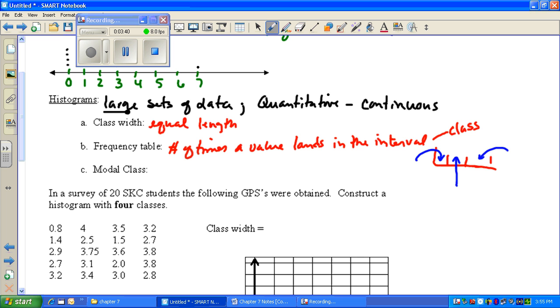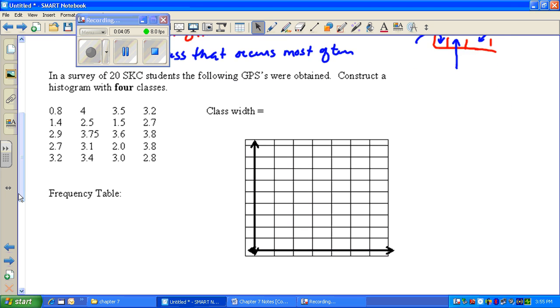And this bin just starts piling up and tells me how many are in that bin. It doesn't tell me the exact value, it just tells me how many are in that bin. And the modal class is going to be the class that occurs the most often. If you remember, the mode was the most from our measures of center. But again, we like to use it with qualitative data.